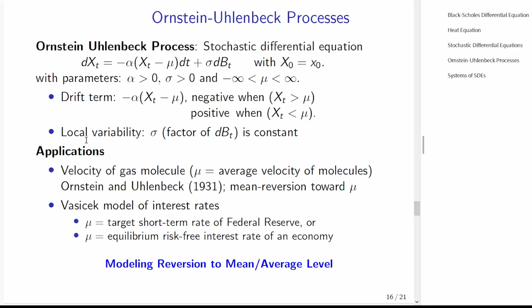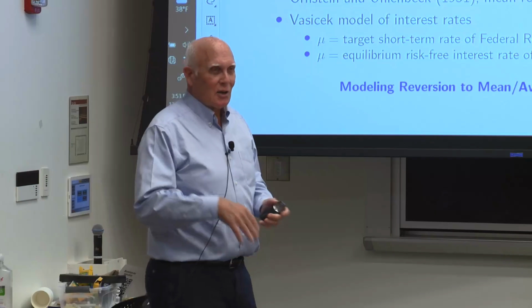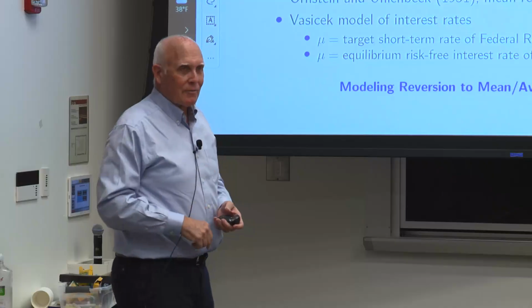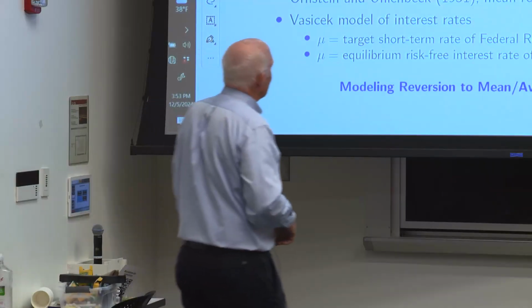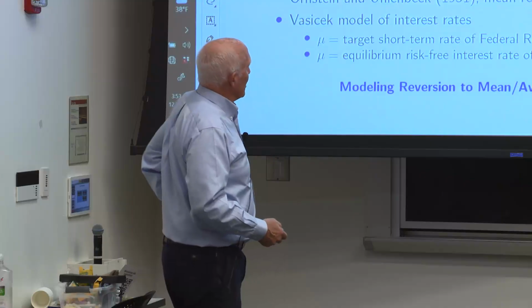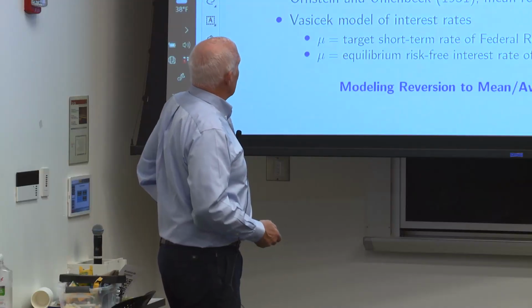And so this model is one that arose with physicists studying the average velocity of molecules in a container with a certain heat or temperature. Particles should be moving around at some average velocity, and this model is one way of trying to characterize that.